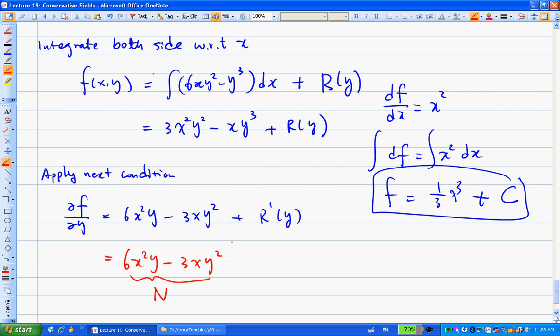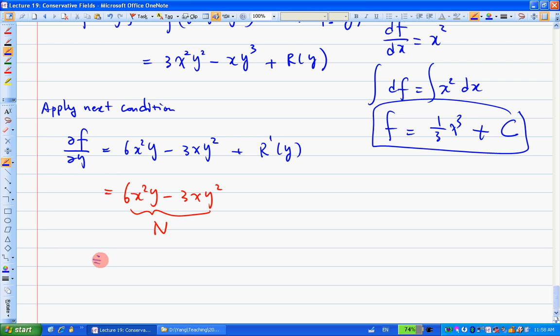Not really coincident, but in this case you check both sides. What happens? Here, here, here, here, they're gone, right? So all you're left with is r prime of y equal to 0.